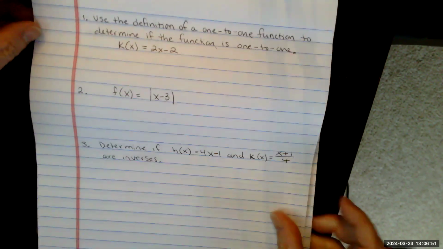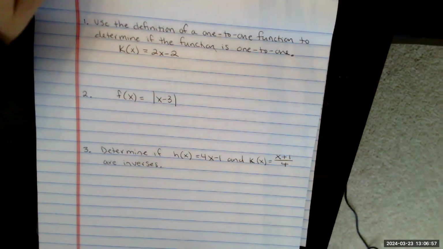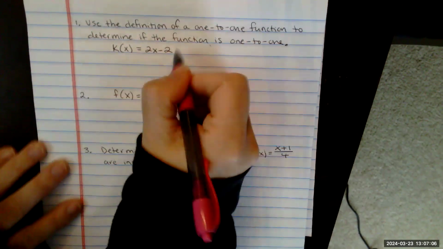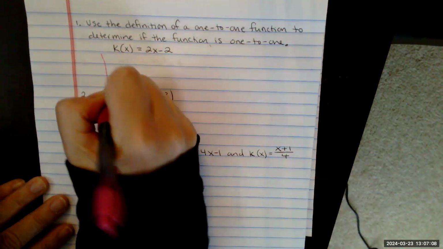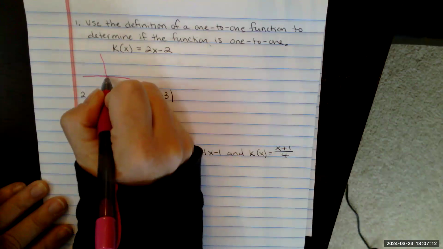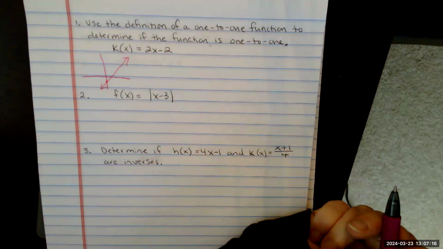So this says, use the definition of a one-to-one function to determine if the function is one-to-one. I think it's easiest, as long as you understand graphs, to think of this as a graph. So instead of doing some fancy work to try to determine this, I can just think of the fact that this is a graph. It starts at -2, goes up 2/1. It's just a normal line, right?